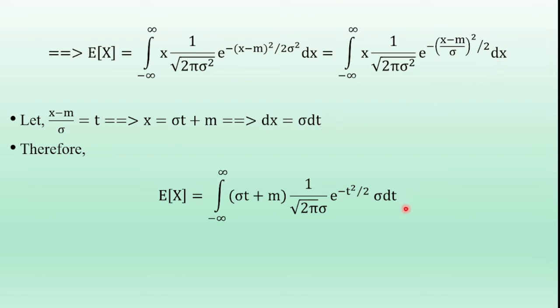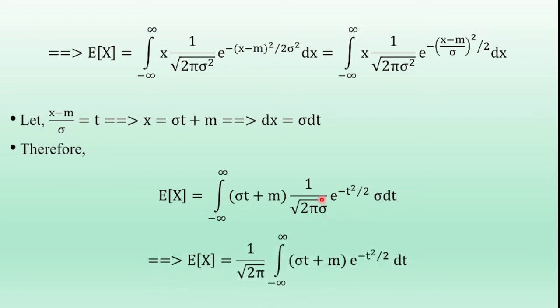Dx is sigma dt, so numerator and denominator sigma cancel. 1 by square root of 2 pi is written before the integration: 1 by square root of 2 pi integral minus infinity to infinity of (sigma t plus m) into e power minus t square by 2 dt.